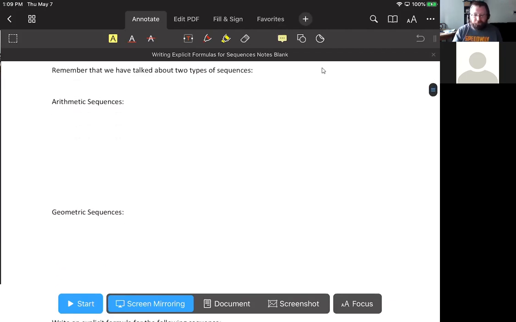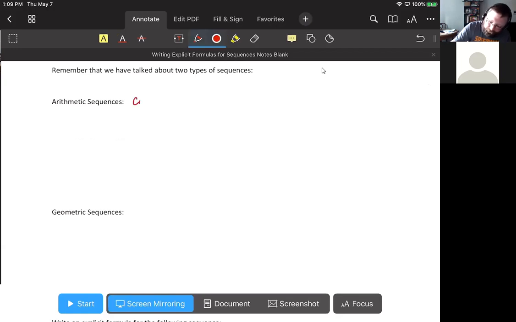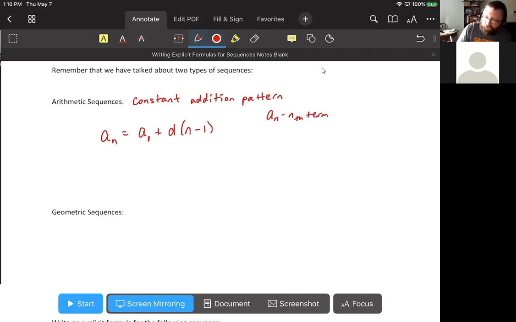So remember that so far in your Algebra 2 class, we've talked about two different types of sequences. Arithmetic sequences, which again is that constant addition pattern. And those always have the explicit formula written in the form a sub n, which is the nth term, equals a sub 1, first term, plus d times n minus 1, where a sub n is the nth term, and that will stay a sub n in your explicit equation.